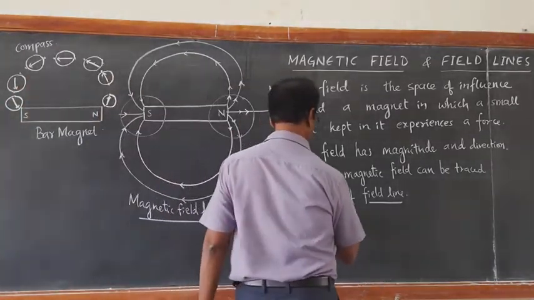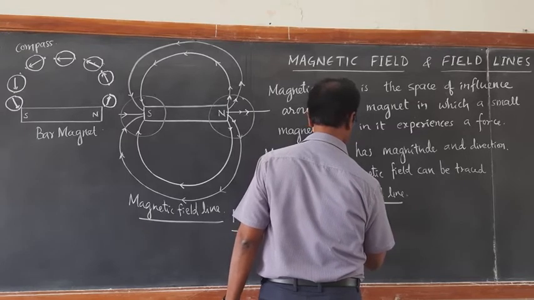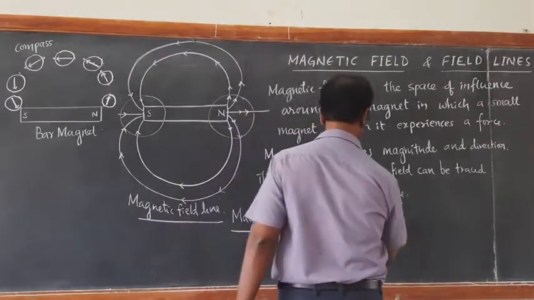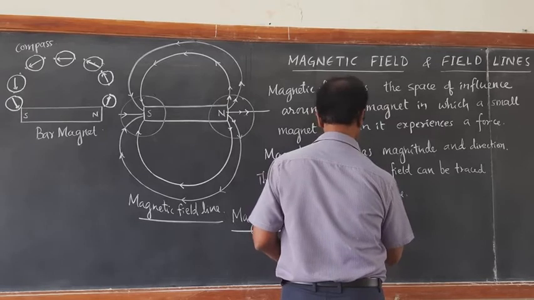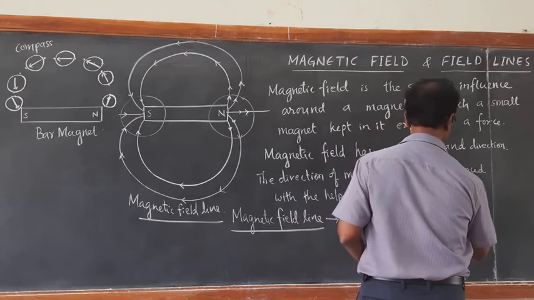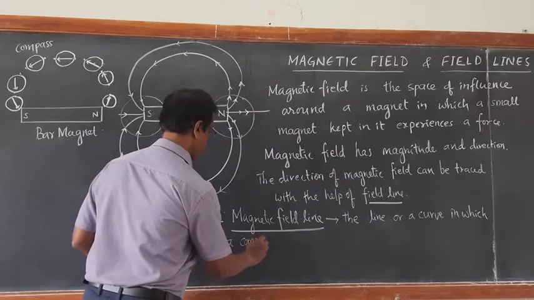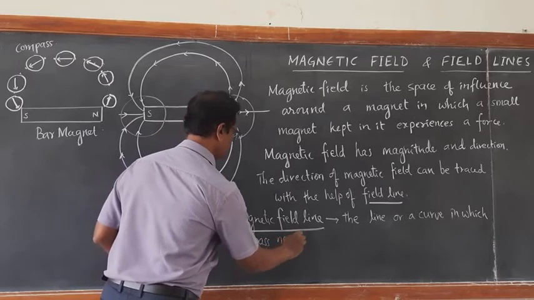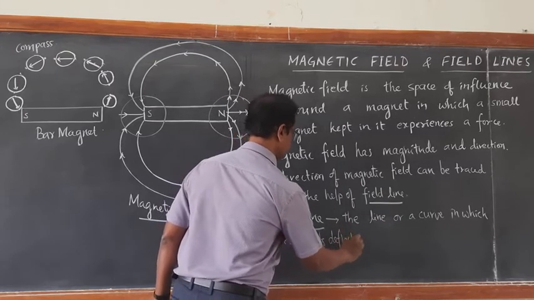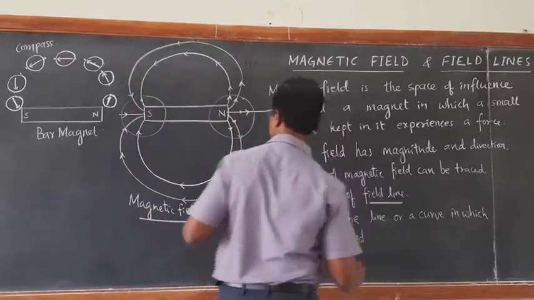So we define the field line as a line or a curve in which a compass needle gets deflected, and the tangent, at whatever point you see.